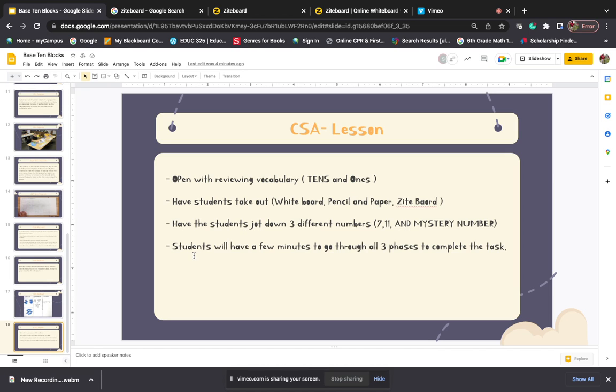Students will have a few minutes to figure out the three numbers, and they can use all three phases of this lesson to write out the number given to them to complete the test.